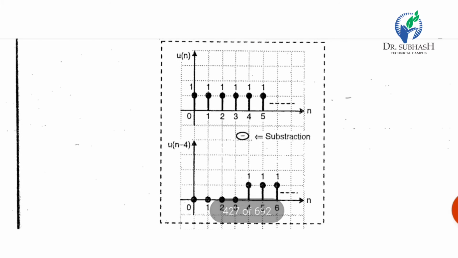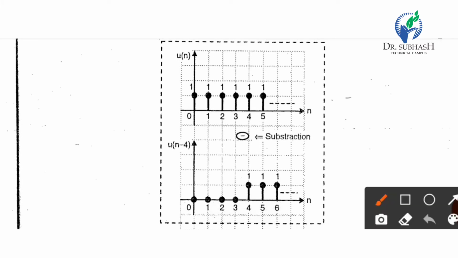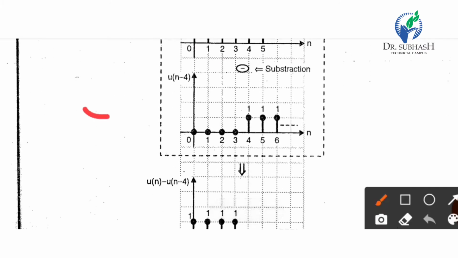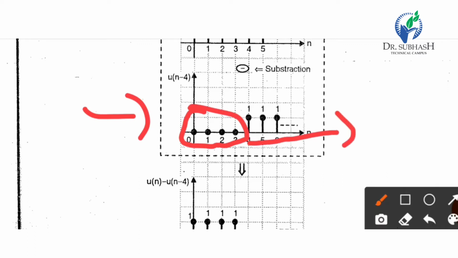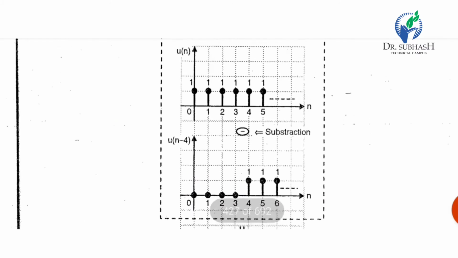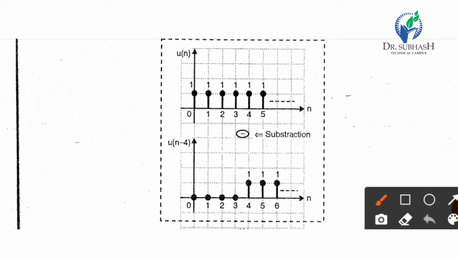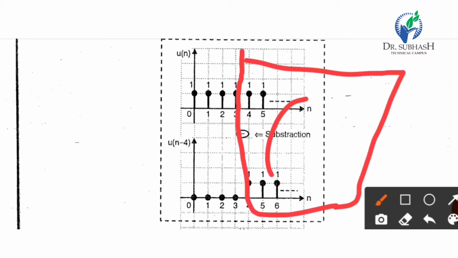So let's check. The first figure is u of n. It means from 0 up to infinity all the values are 1, and u of n minus 4 is a 4 sample delay. Then it starts like u of n. So whenever we subtract u of n minus 4 from u of n, from the fourth sample all the 1s will be subtracted, so it becomes 0.